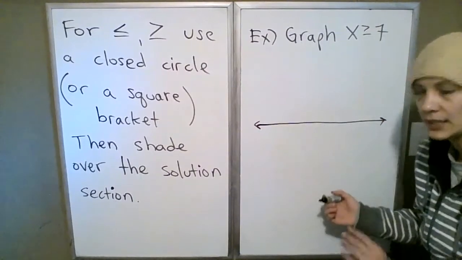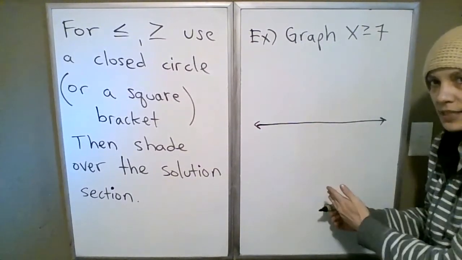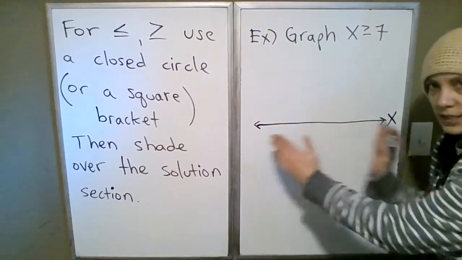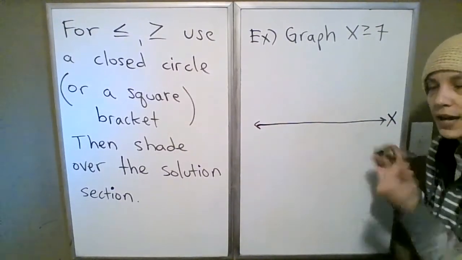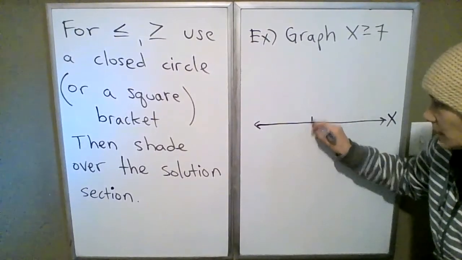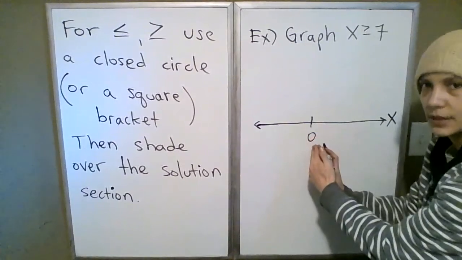When we had a line, there were values for x and y, so you needed 2 number lines, but there's only this x variable, so this is all I need to draw. I like to put a placeholder for 0, but you don't have to. It's just a place where I know this way is negative and this way is positive.